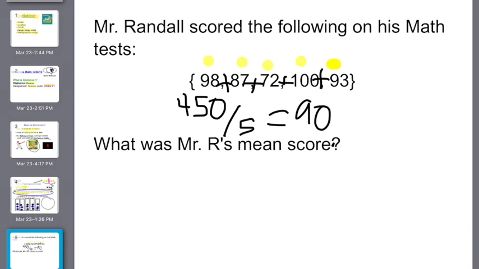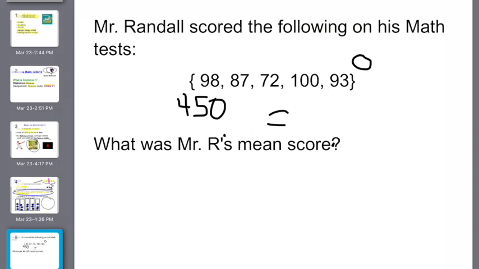This is the big difference I was talking about between a mean and a median. What if, for example, I scored a 0 on the 6th test? Well, my total would still be 450, but now I've added a 6th test. So instead of dividing by 5, now I'm dividing by 6.